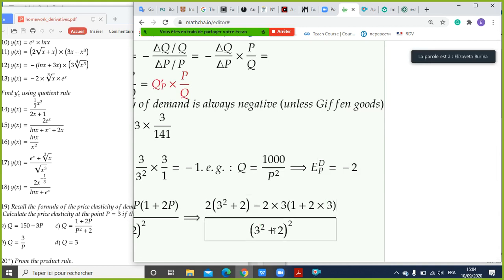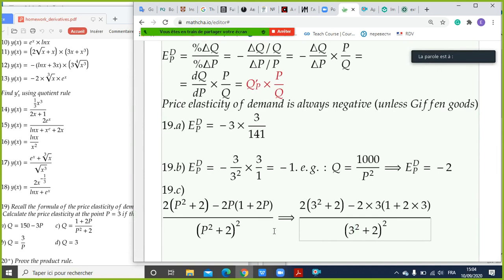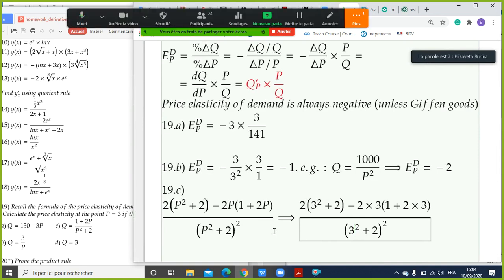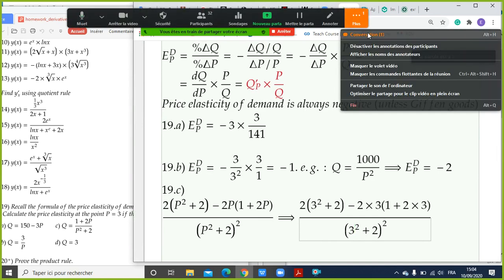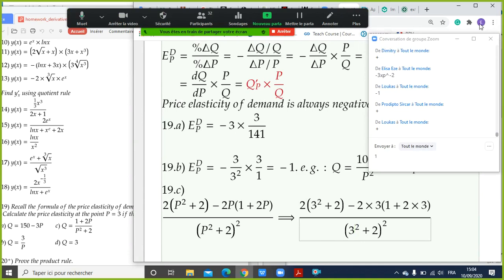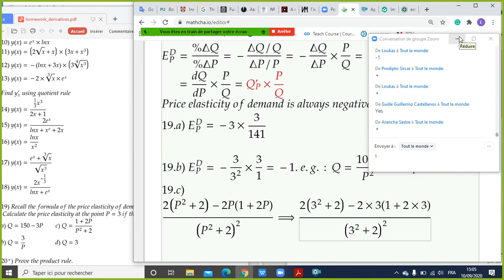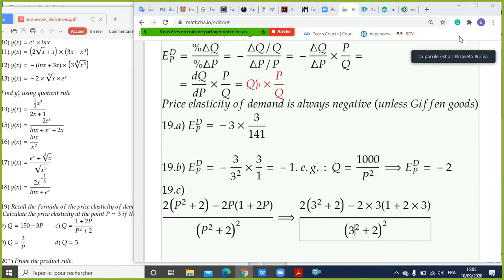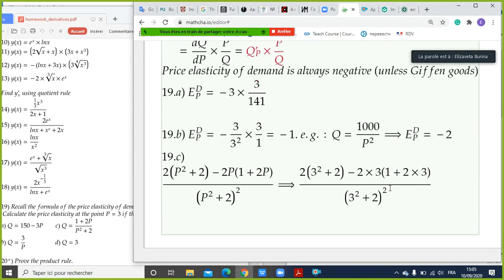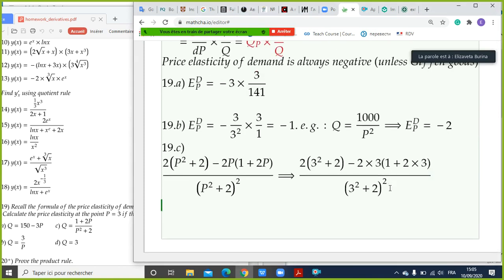Okay, is it good? 3 squared, 2 times 3. Okay, seems like it is. Cool. Then, now I have to calculate it. That's even worse for me. Oh, type me the answer, please.